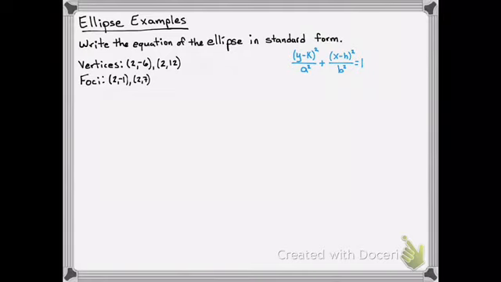But with the foci, if you recall from the previous video, I can figure out the center. Remember that the center is the midpoint of the foci. And so all I've got to do is find the midpoint, and that's pretty easy. The midpoint is simply x2 and x1 added together and divided by 2, and then the same thing with the y's.